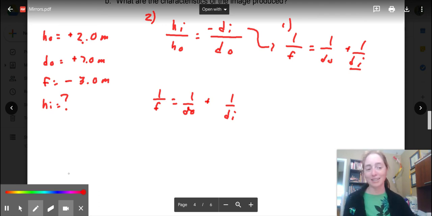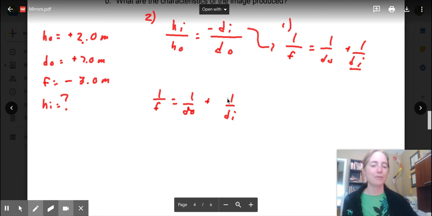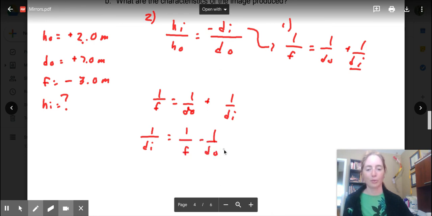Yeah, optimistic. Okay, so I'm going to rearrange this guy. I'm going to subtract 1 over DO from both sides so that I can isolate my 1 over DI. Okay, so plug my numbers in now.